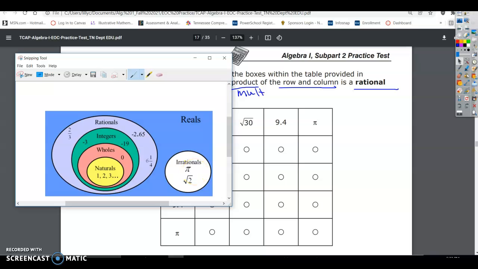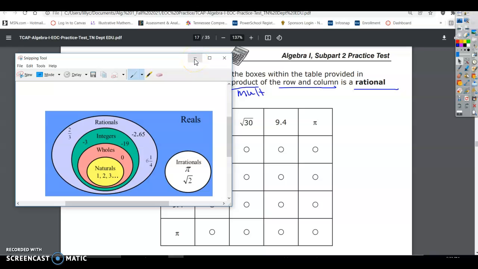So pi, 3.14, is something that you are familiar with, but you should know that 3.14 is just an approximate value. It has non-repeating numbers forever after the 3.14. So irrational numbers like pi or square root of 2 cannot be written as a rational number in this form.